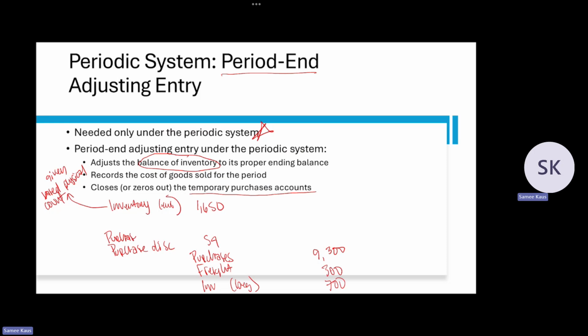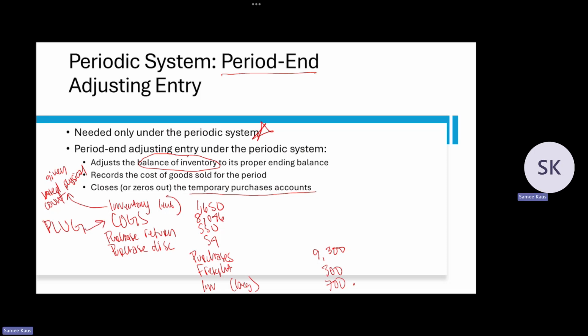So I need to debit my purchase returns to make it go to 0. And that is for the same 550. And then all of a sudden, I finally record my cost of goods sold here. And that is going to be what is called a plug or a fill figure to get this journal entry to balance of $8,046.